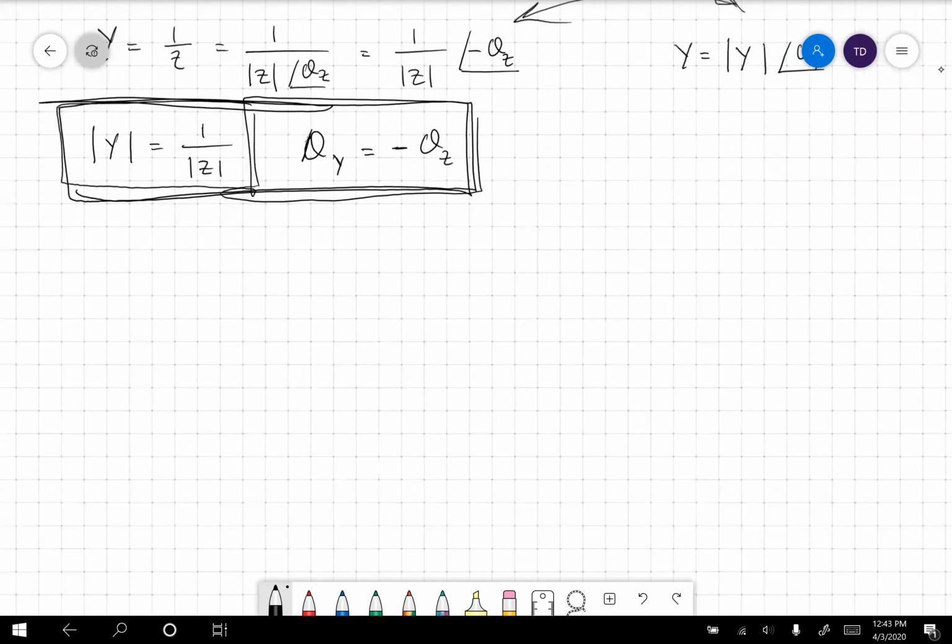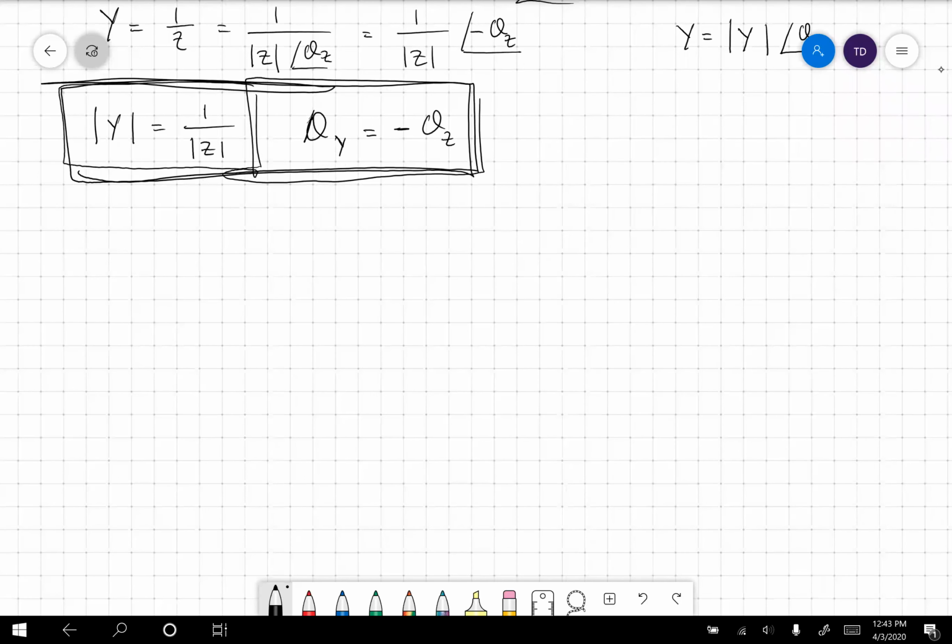There are many ways to look at this. Let's do this the other way. So Y is also defined to be equal to G plus jB. You can probably imagine why the G was used. It is the same G as before. And so we know that this is equal to 1 over Z, but that's equal to 1 over R plus jX.